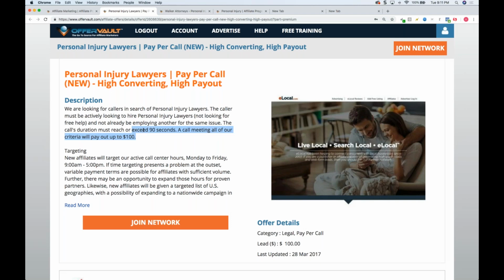So this is only going to pay out on a call that exceeds 90 seconds. So why is that? Because someone might be calling who is not qualified. They're not looking for free help. They're not already employing another attorney. So when your prospect calls, the operator is going to ask a series of screening questions very quickly, and they're going to end the call if they're not qualified.